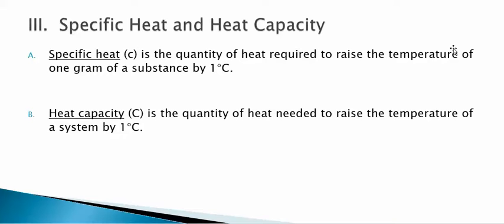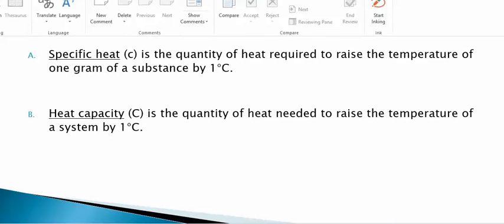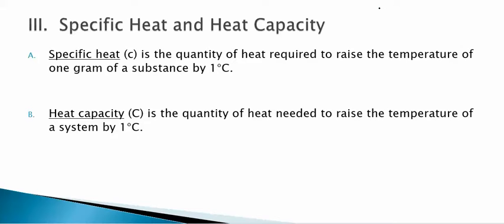Specific heat, symbolized by a small c, is the quantity of heat required to raise the temperature of 1 gram of a substance by 1 degree Celsius. Specific heat has units of joules per gram degree Celsius. And again, that is a lowercase c for specific heat. Heat capacity, the capital C, is the quantity of heat required to raise the temperature of a system by 1 degree Celsius.